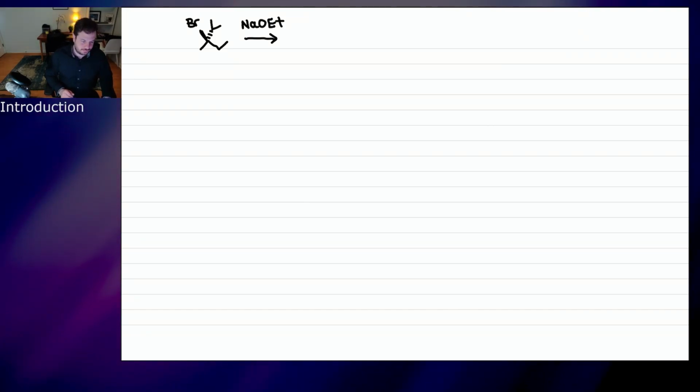All right, what's the product of this reaction? Try and predict the product. If you want, pause, go through the steps we just went through and see if you can do it yourself. If not, let's do it together.